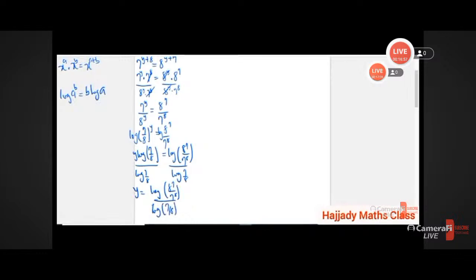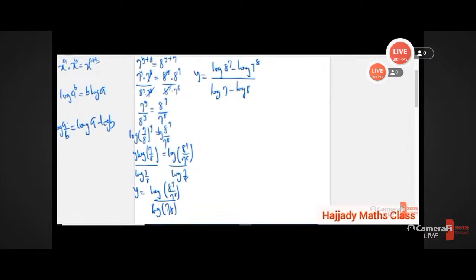I'm going to use another law of logarithm that says log a divided by b is the same thing as log a minus log b. So for the numerator, I'm going to have log 8 raised to power 7 minus log 7 raised to power 8. For the denominator, the same rule will be applied, so I'm going to have log 7 minus log 8. That is what my value of y equals.